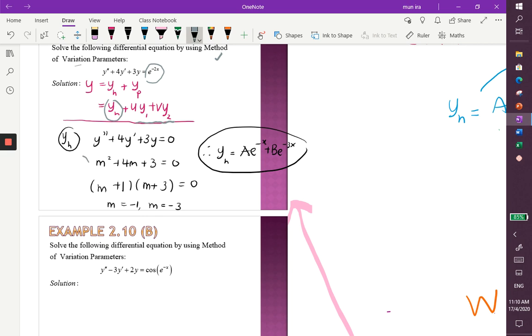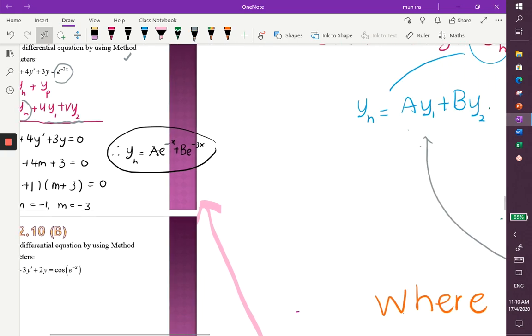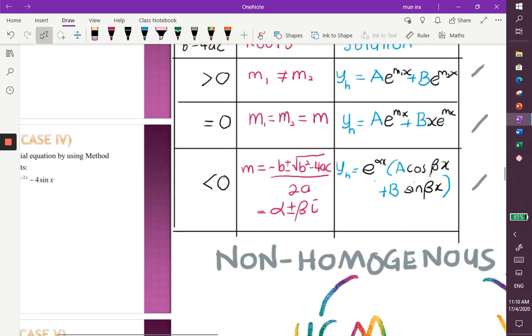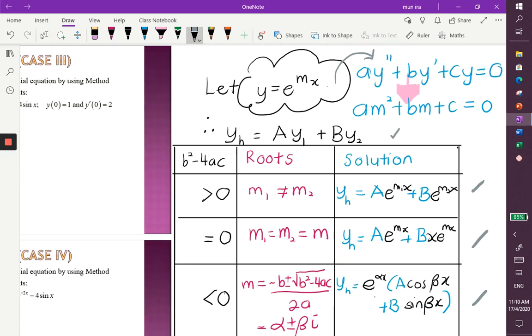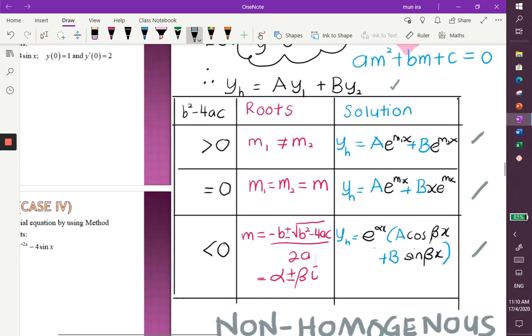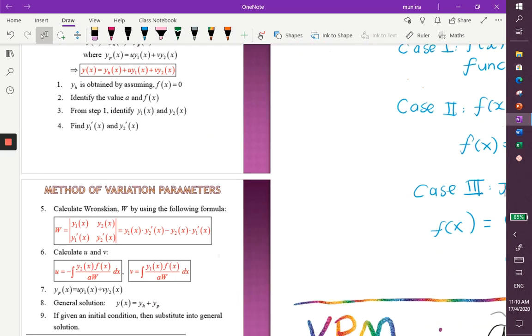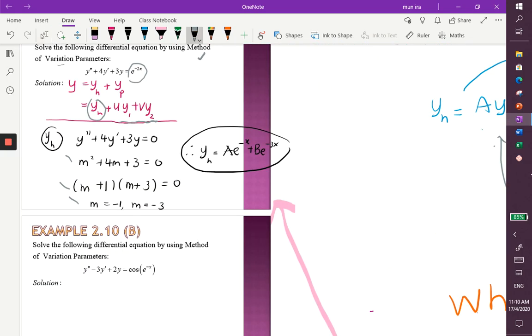Transform into the characteristic equation, find the roots, and you get 2 different roots. When you have 2 different roots, the solution is Ae^(m1x) plus Be^(m2x), so that we write the correct form of your solution: y equals Ae^(-x) plus Be^(-3x).